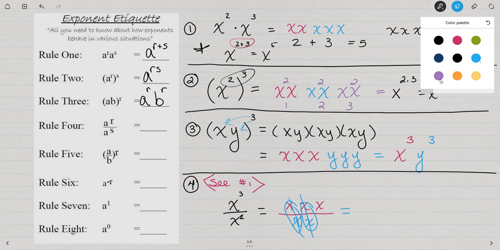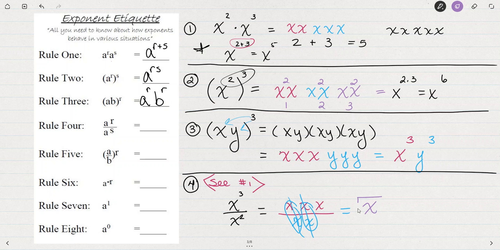Look what's left standing after we reduce. We've got 1x. Do you see where that happened? We started out with 3 x's in the top, but then we subtracted the 2 x's from the bottom, and that gives us the 3 minus 2, or x to the 1.